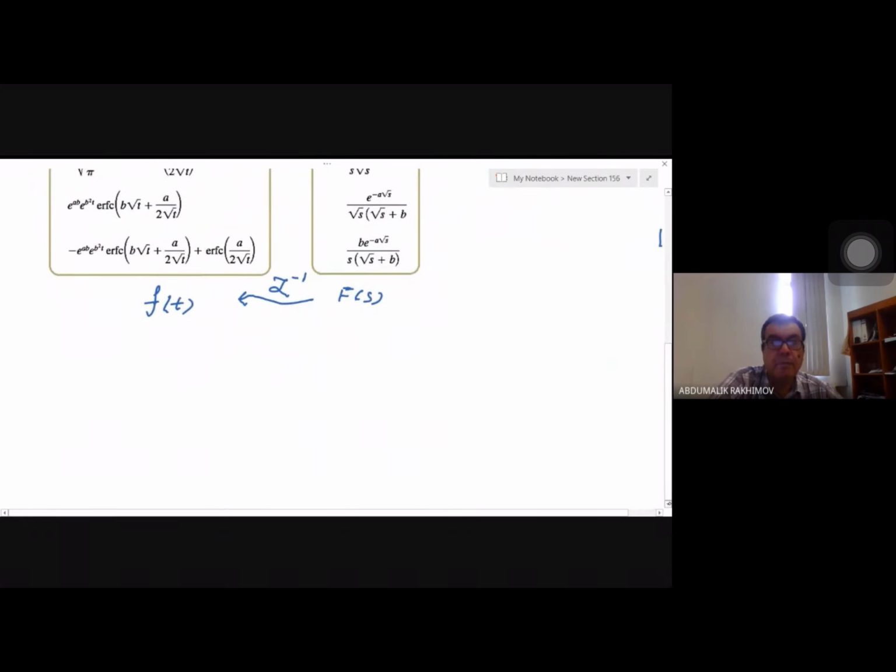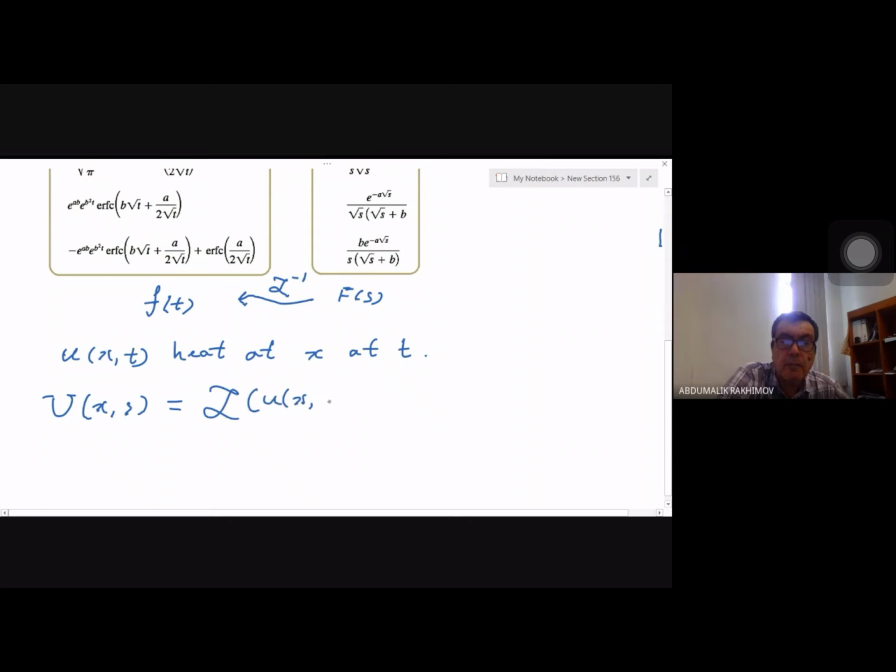Also let me remind you of some formulas which we used previously. If you have a function u(x,t), let's say it is the heat at point x at time t, then by capital U(x,s) we denote the Laplace transformation of u with respect to variable t.